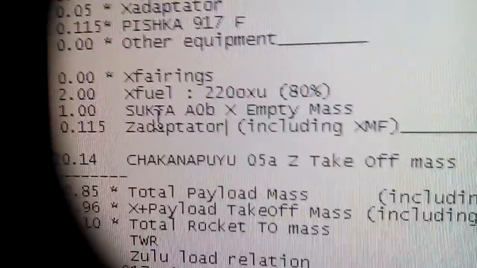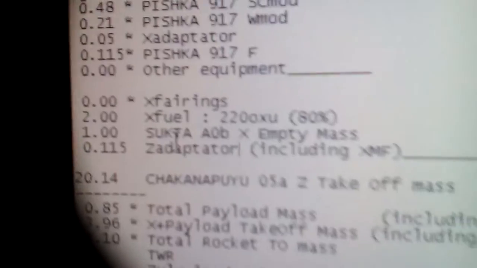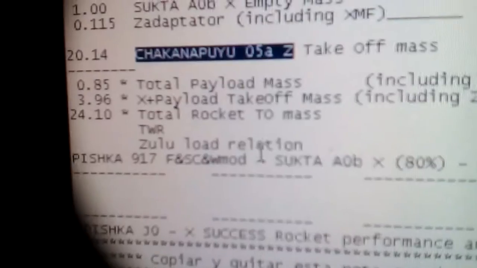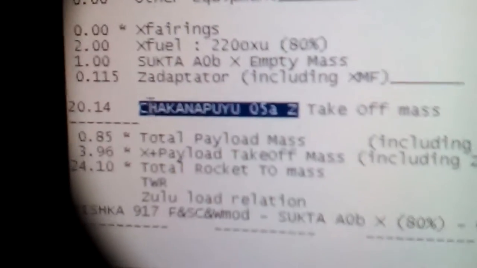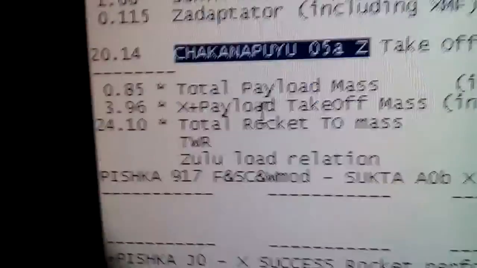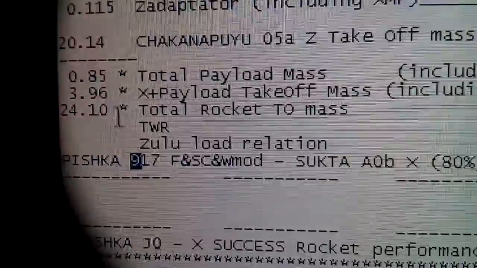For my space program, I am using Zulu block to refer to the first stage. And the first stage fully loaded. The first stage usually includes all its masses only here. In this case, Chacanapuyu 05 Alpha or A Zulu, and a brief of the masses of the mission, very useful to calculate the predictions of the speed at the orbit it brings.